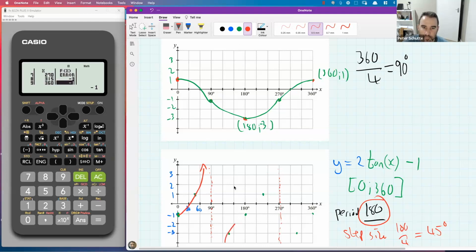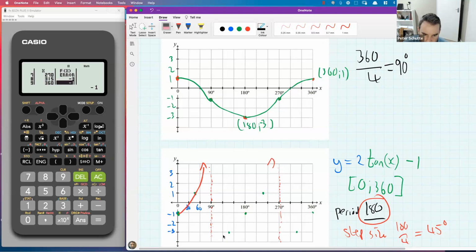Let me do this again. Because I know it has to get close to these asymptotes, right? So it has to get closer to there. And over here, and then I'll stop here.